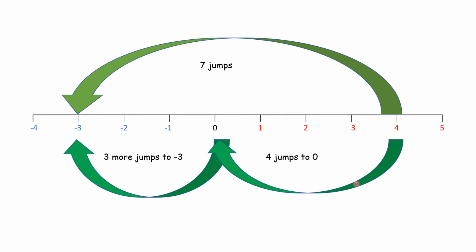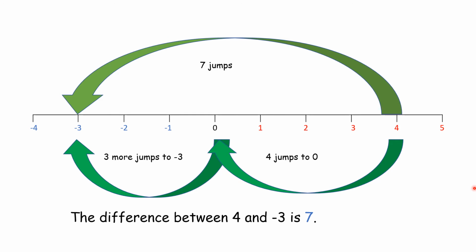So again, 7 jumps. The difference between -3 and 4 is 7. The difference between 4 and -3 is 7.